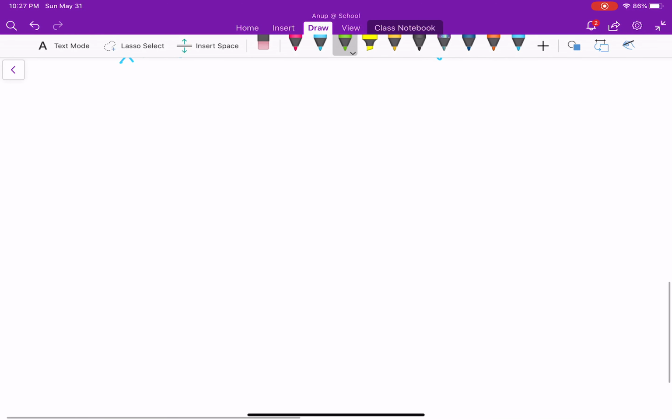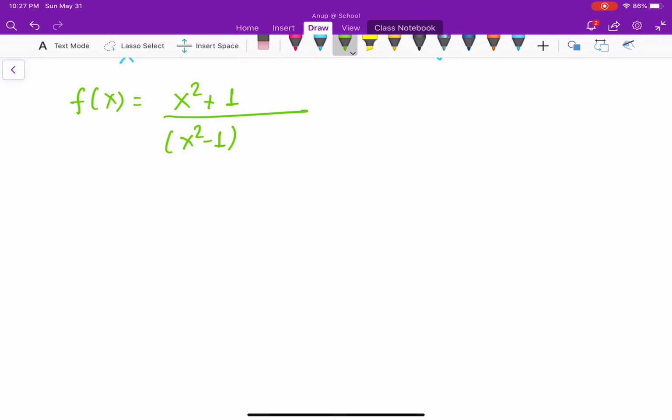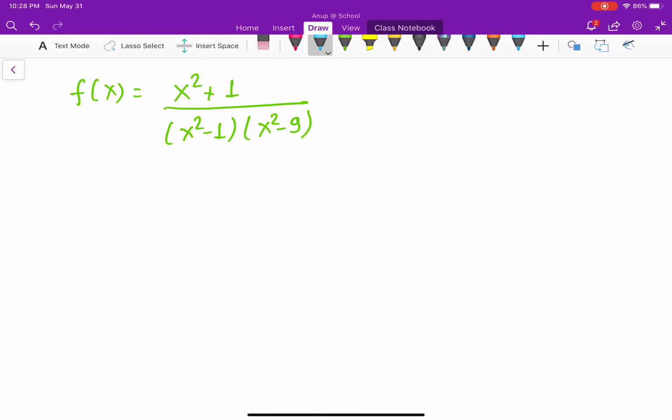So let's see another example where we have f of x is equal to x square plus 1 divided by x square minus 1 times x square minus 9. And our goal is to find the vertical asymptote of this rational function. So how do we find the vertical asymptote of this? Again, we begin from the denominator.